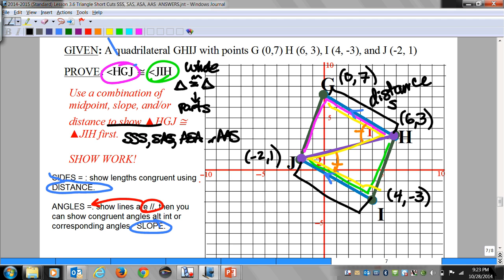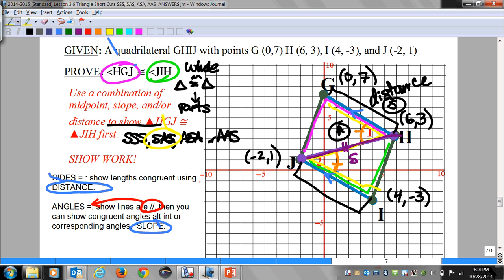So distance would give me a pair of sides. Now I have one freebie side, right down the middle here. It's reflexive, so I don't even need to use a distance equation. So I'm going to shoot for side-angle-side.